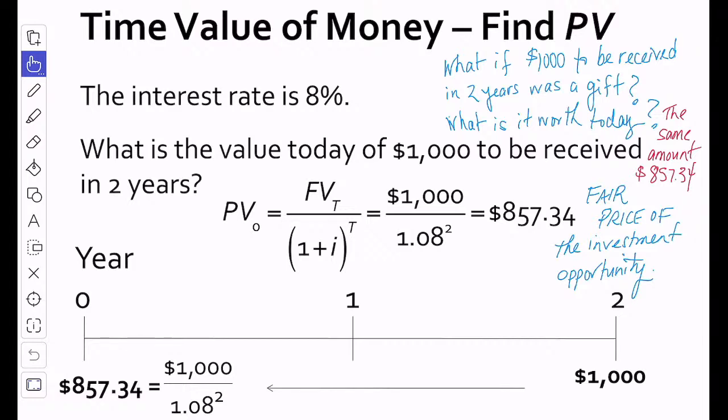So this is where we left off, and hopefully you had a chance to watch the other video to see how to set up your calculator, that you have a finance calculator. I did say I was going to show you Excel, right? Maybe I'll show you that at the end.